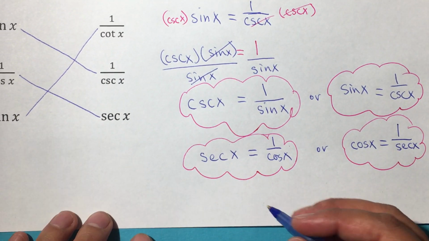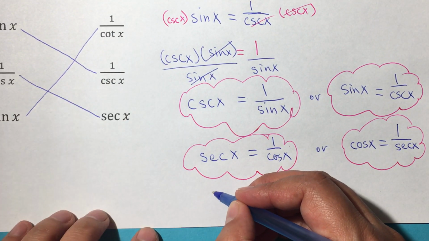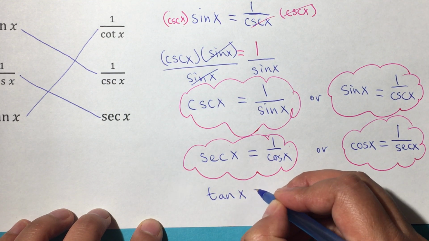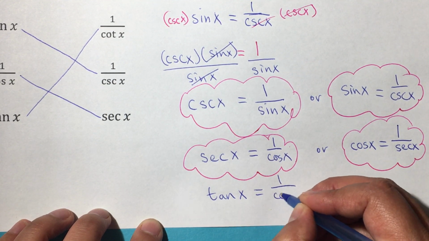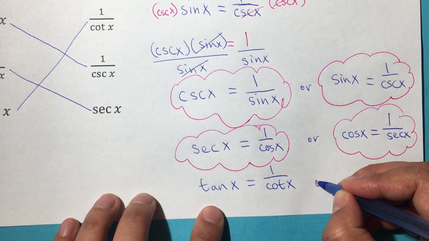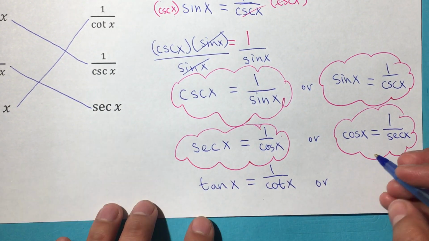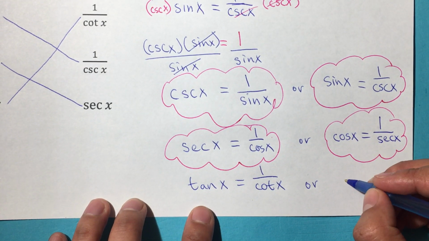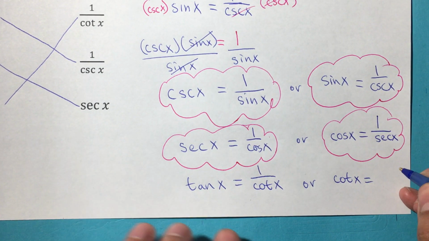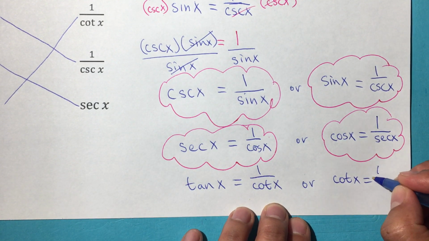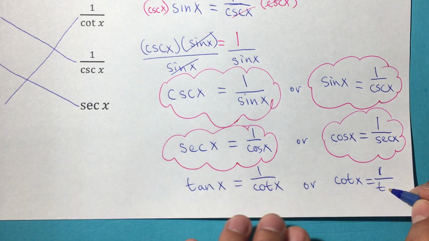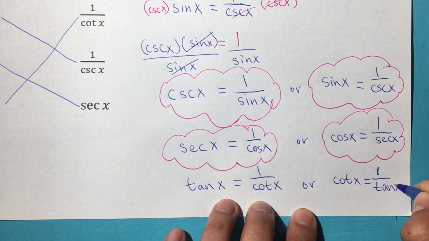And finally, the one that we have in here is tangent of x equals 1 over cotangent. That's easy to remember, as I mentioned before, but we can also switch those. Switch their position, and we can say then that cotangent of x is the reciprocal of, meaning 1 over, tangent of x.